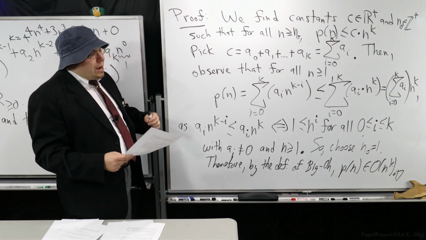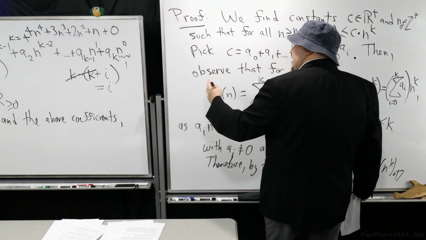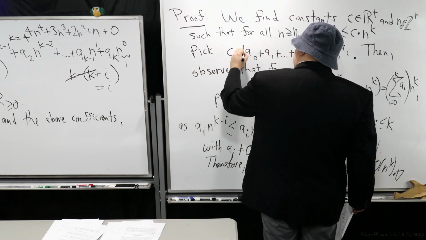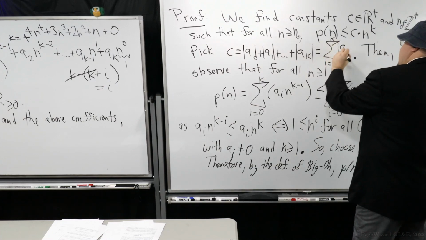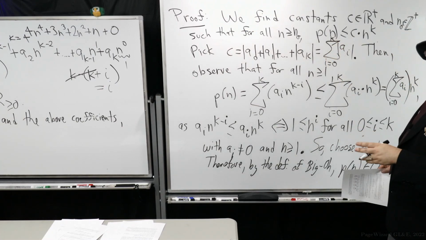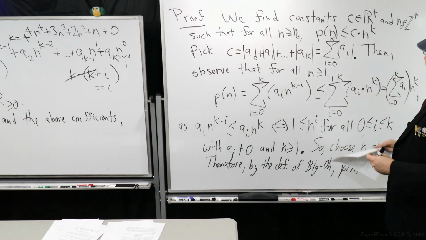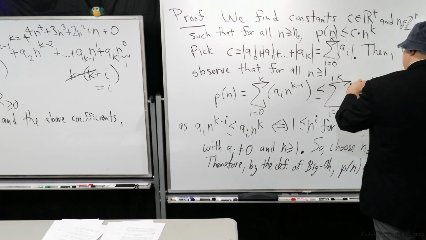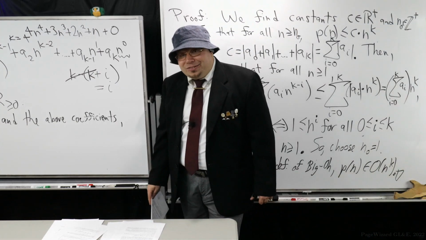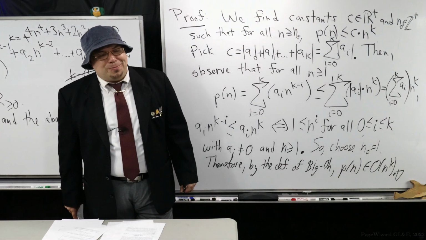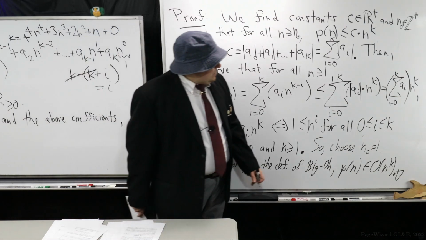Instead of taking each one of them separately, you'll take the absolute value of each one of these. You'll notice that this argument doesn't change a whole lot. If this is p of n, putting the absolute value means that if it's negative, it's only going to get bigger. If I drop the sign, it's always going to be positive. And then you'll end up with this right here.